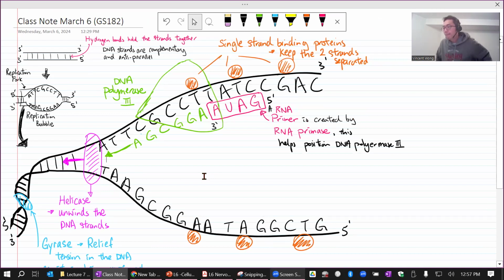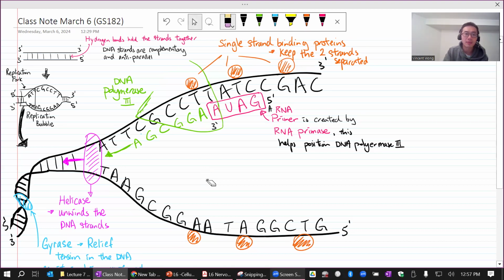Questions? Excuse me, Professor. I did not understand why this strand is different. For example, this is RNA, AUAG, and then you use the green color for the rest.